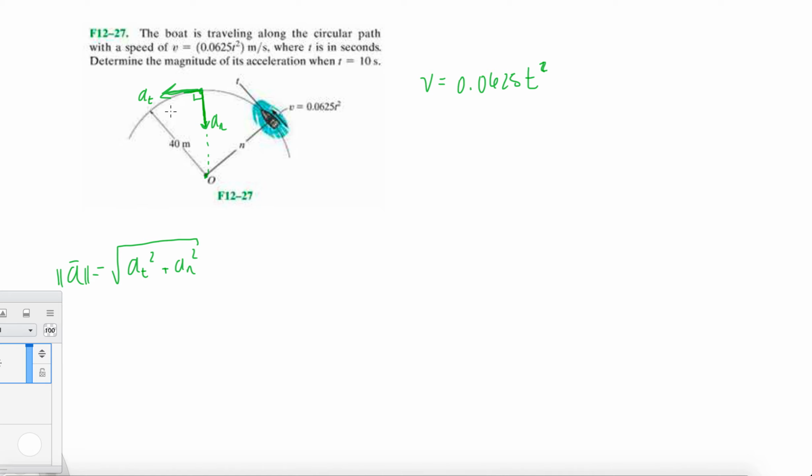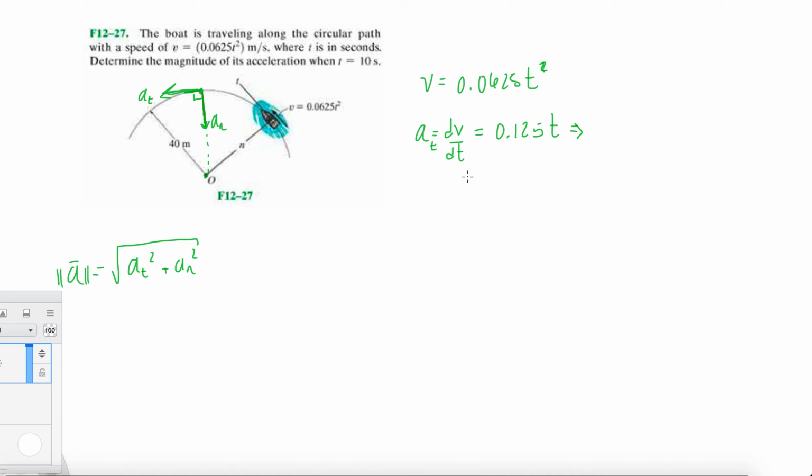For the tangential component of acceleration, all I need to do is take one time derivative of velocity, so that's going to be dv/dt, and that'll give me 0.125 t.